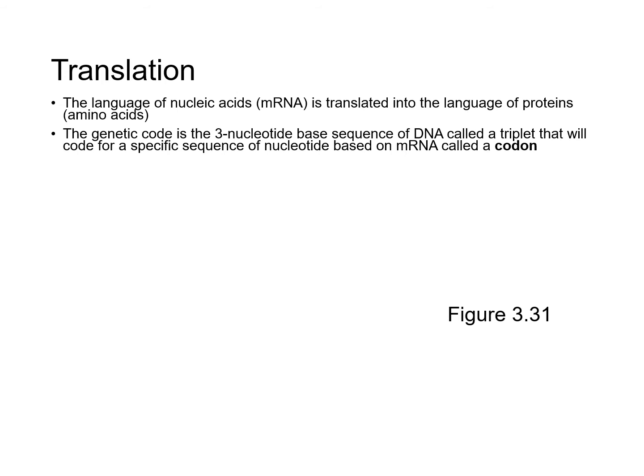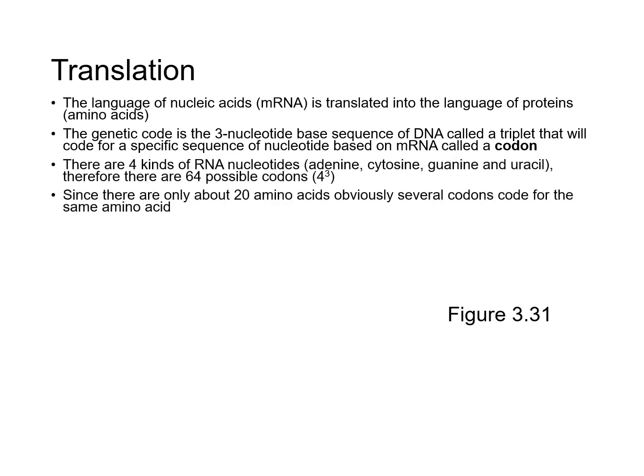This triplet is going to code for a specific sequence of nucleotide bases on the messenger RNA, and that 3-base sequence on mRNA is called a codon. There are 4 kinds of RNA nucleotides: adenine, cytosine, guanine, and uracil. Therefore, the total possible combinations is 4 to the 3rd power, or 64 possible codons.